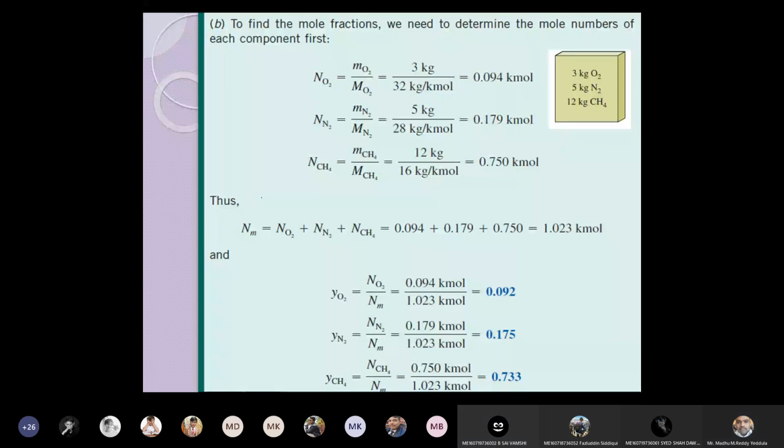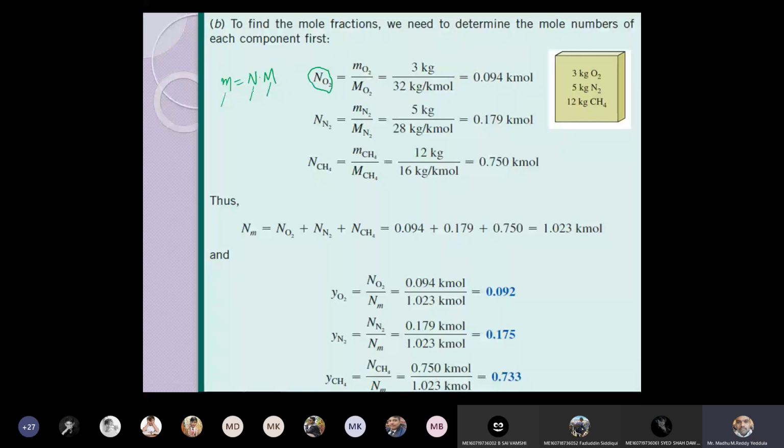In order to calculate individual moles, NO2, the number of moles of oxygen, is equal to, by using Avogadro's law, small m is equal to capital N into capital M, where small m is mass. Mass is equal to number of moles into molar mass.